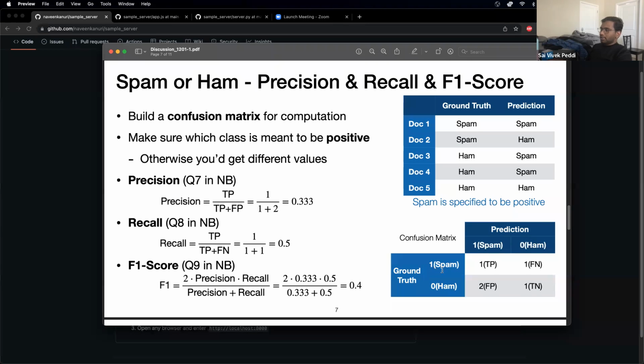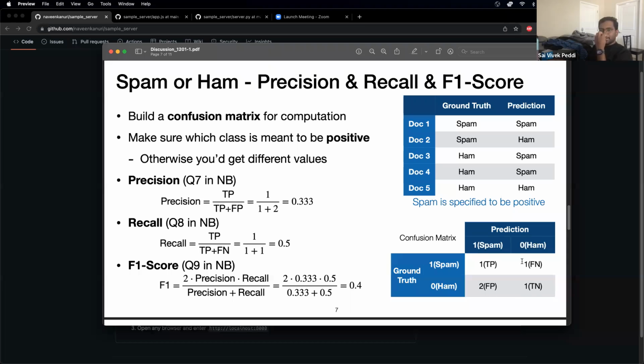Because we are assuming the positive value is spam, if both of them are spam, so the ground truth is spam and the prediction is also spam, there is only one combination in this format. So the total number of true positives is 1. And if it is ham and predicted spam, we have 2, so we have 2 false positives. In a similar way, you can fill out this entire confusion matrix table.